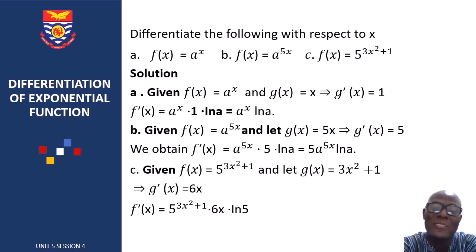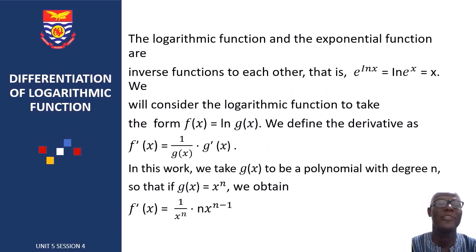In this case, the base is 5, so that we have 6x ln 5. Now, we use the 6x ln 5 to multiply the given function, and that gives 5 exponent 3x squared plus 1 multiplying 6x multiplying ln 5.